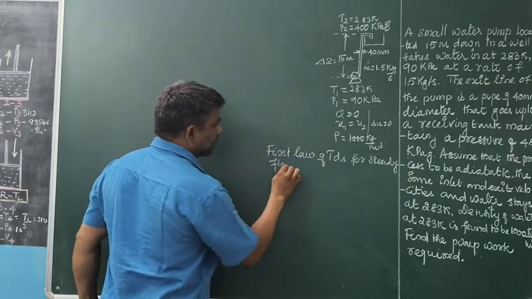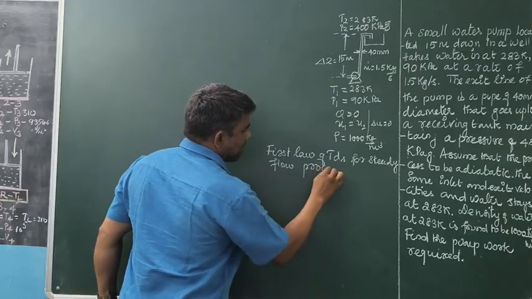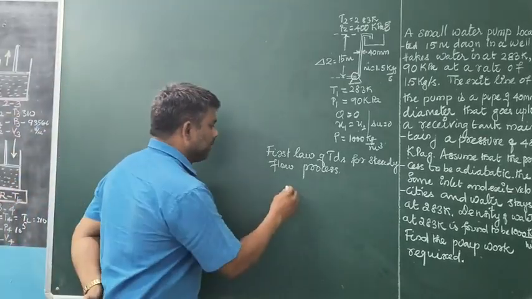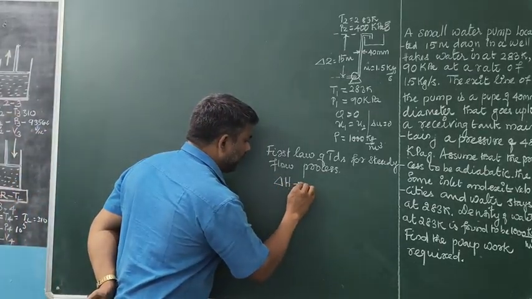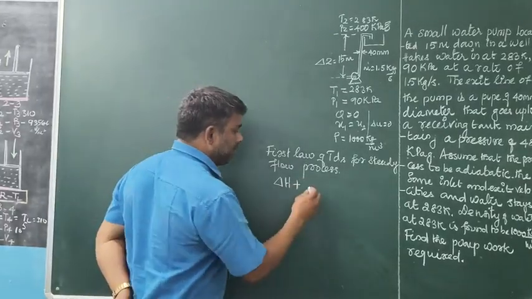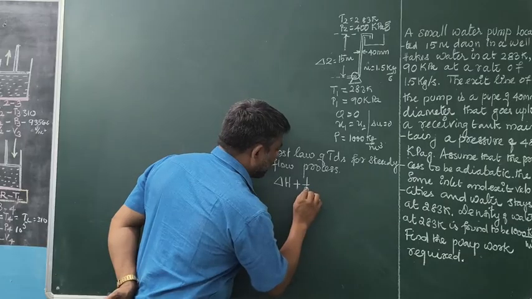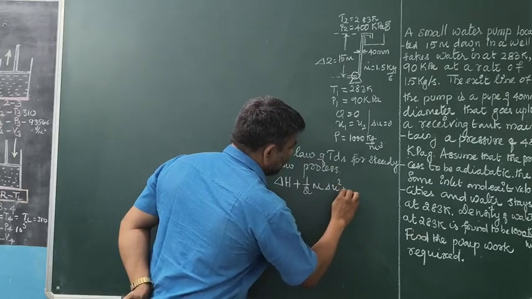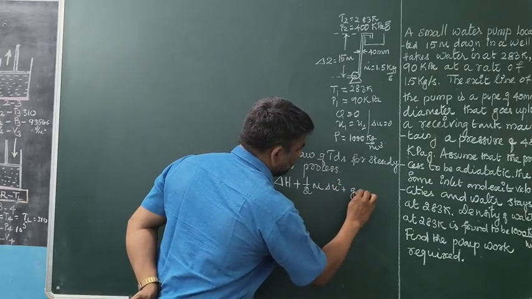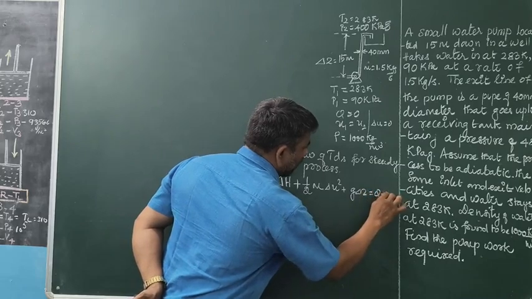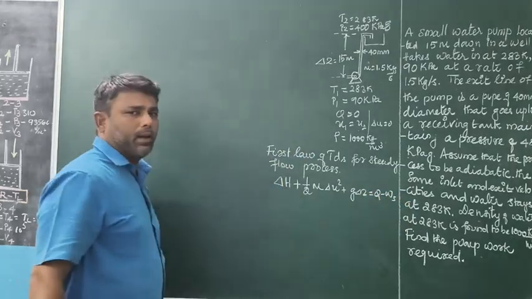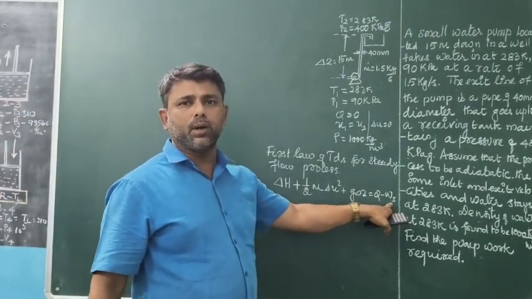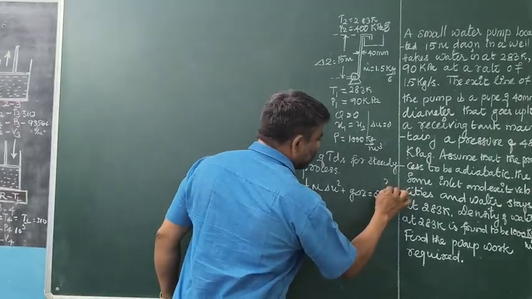The mathematical representation of the First Law for a steady flow process is: change in enthalpy del H plus change in kinetic energy, del V square by 2, plus change in potential energy, g del Z, is equal to Q minus Ws. Q stands for the amount of heat exchanged, Ws stands for shaft work.